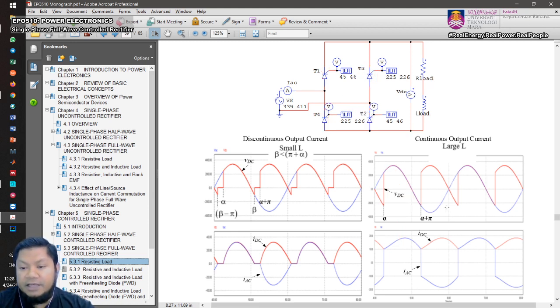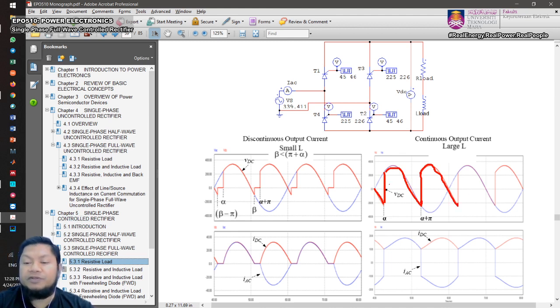So just after that, you're going to see T3 and T4 operate. T1 and T2 will be off, right? So that will be your output voltage. This is the output voltage whereby you're going to see that we copy the input voltage until the negative cycles, and then you continue.